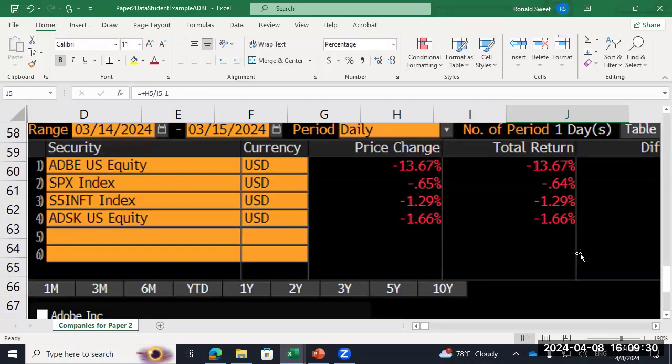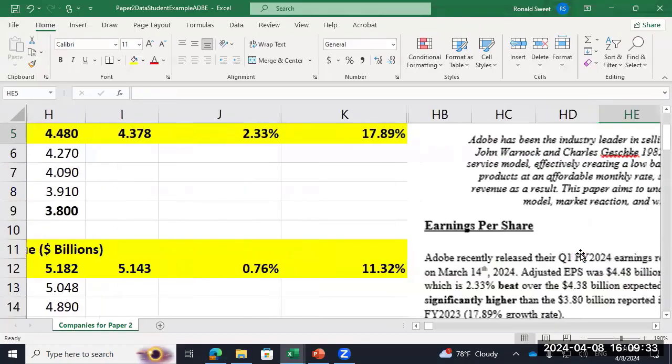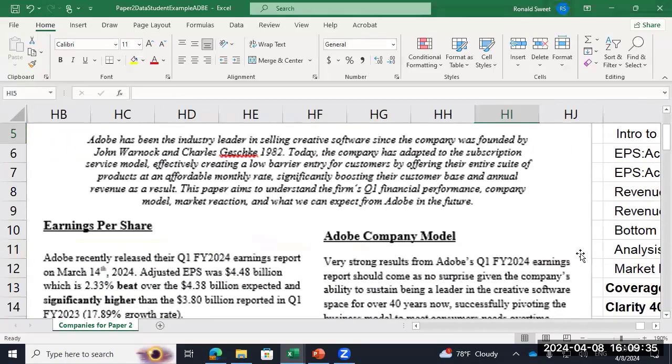All right. He could set it up at the very beginning in the title up here and say, while Adobe beat on expectations and increased from last year, the stock market still had a negative reaction. This paper will explain why the market reacted, something like that.